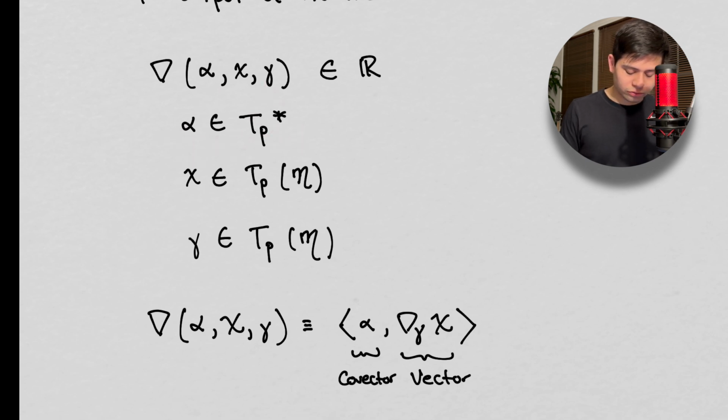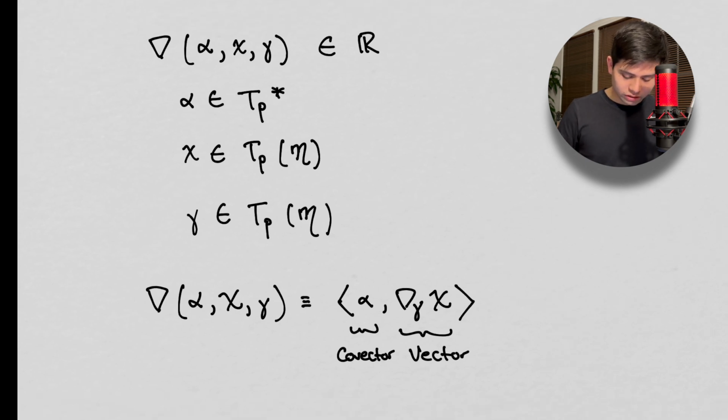Really, this object right here is the thing that's going to drive everything to a number. Because the definition we're going to put in here is, when you put in three things, this object, applied to just these two, is going to give us our covariant derivative. And so when our covariant derivative is sandwiched in with a covector, we get a number.